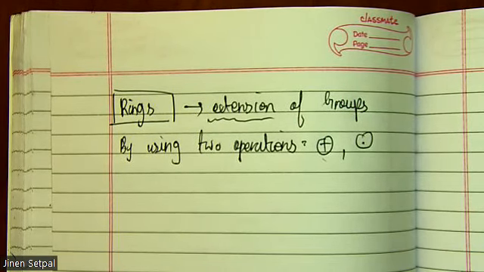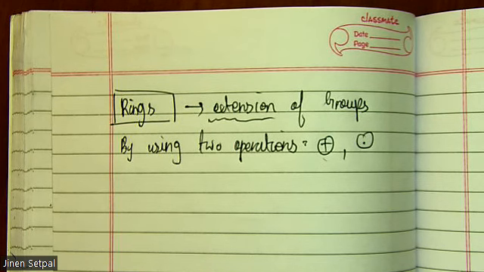In this discussion, we're going to be talking about plus as addition and dot as multiplication, because that was what was mentioned in the book.